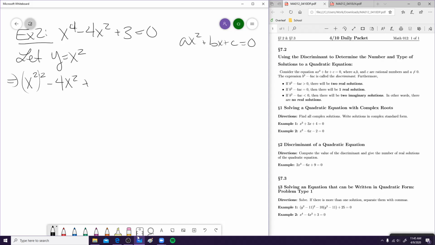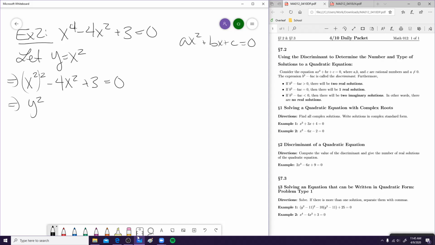And now, this is what we know. We want to substitute y for x squared, and as you can see, we have reduced this to an x squared, and then we even have this quantity squared up here. So now wherever I see an x squared, I'm going to plug in a y.